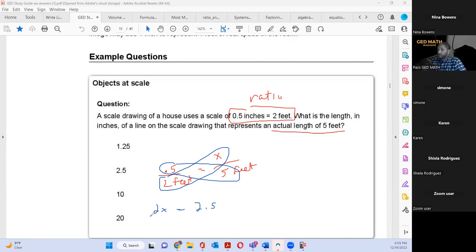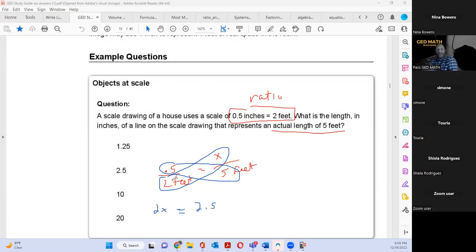Cross multiply. We did cross multiply. You divide by the 2. Once we cross multiply, 2 times x is 2x, and then we multiply 0.5 times 5, which is 2.5. So the resulting equation is 2x is equal to 2.5.